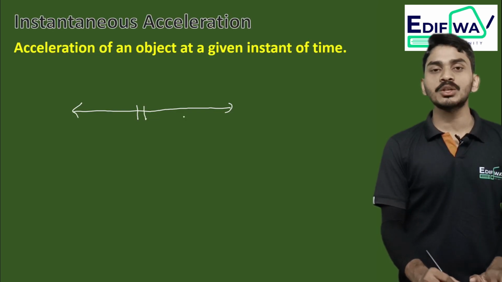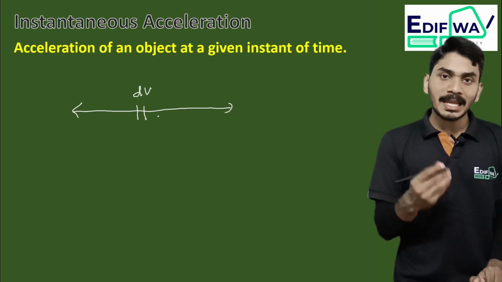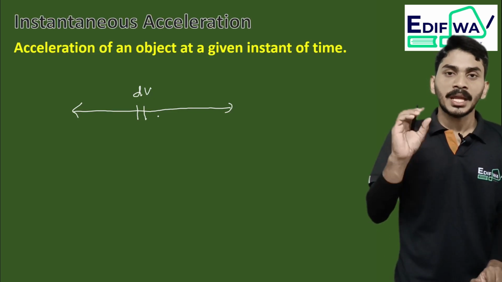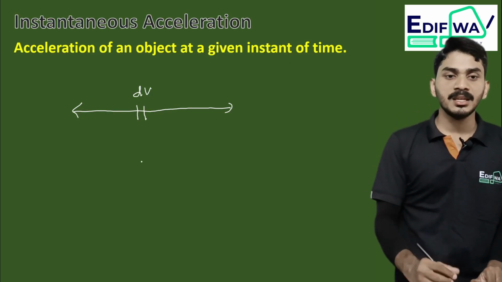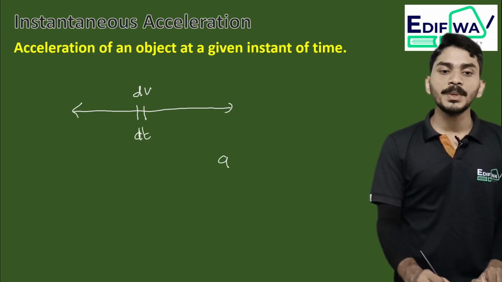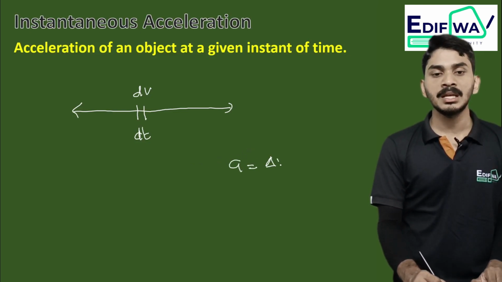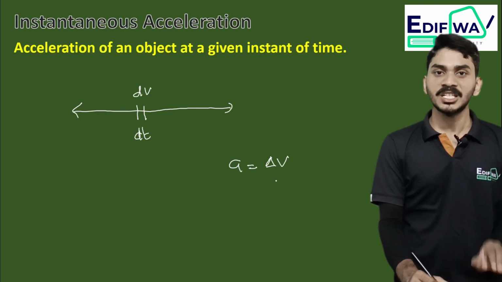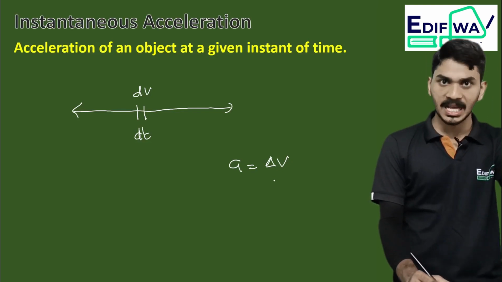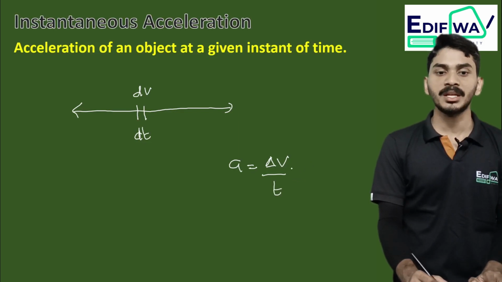Where the change in velocity is very small, that is dv, and let the time taken to change this velocity be dt. Clear? Then what could be acceleration? We know acceleration is change in the velocity, that is v minus u, which can be represented as delta v, by the change in time or the time taken.